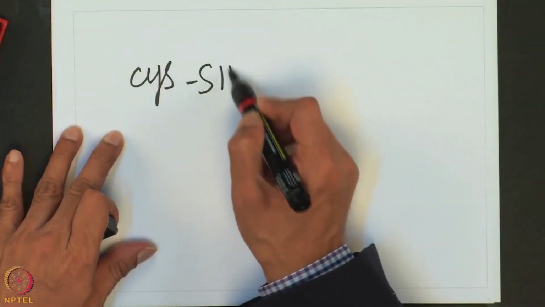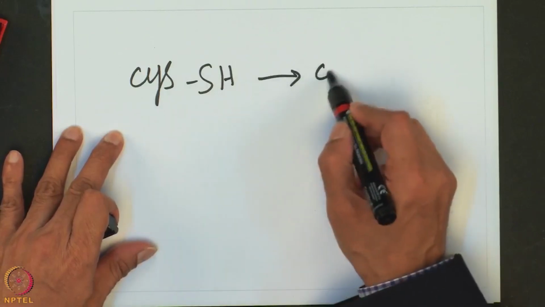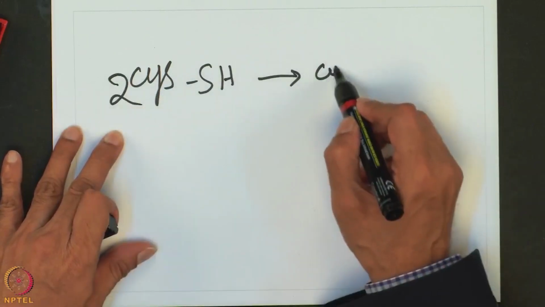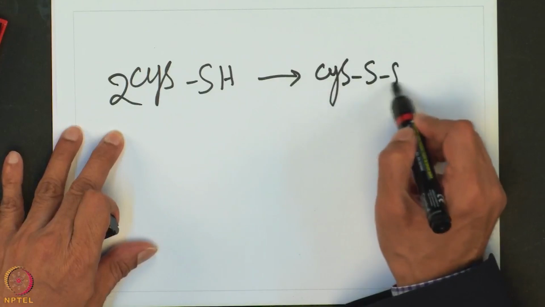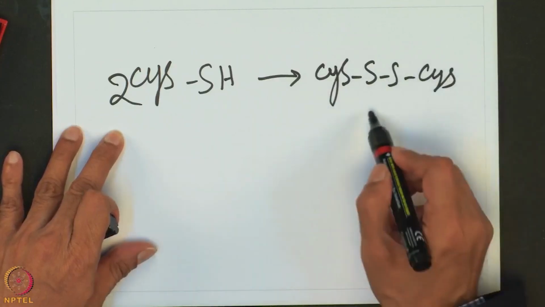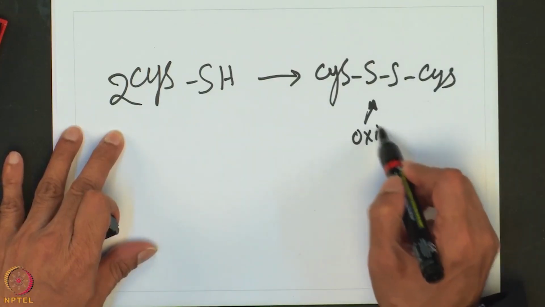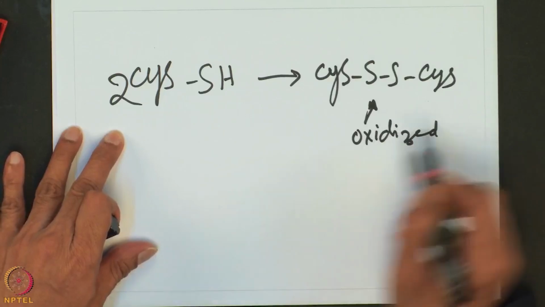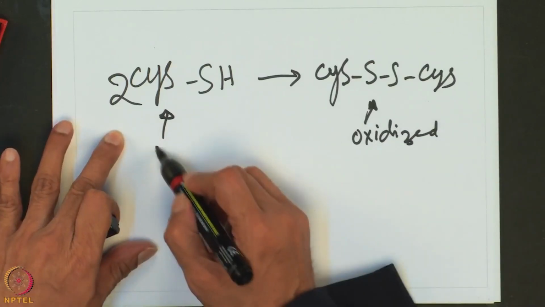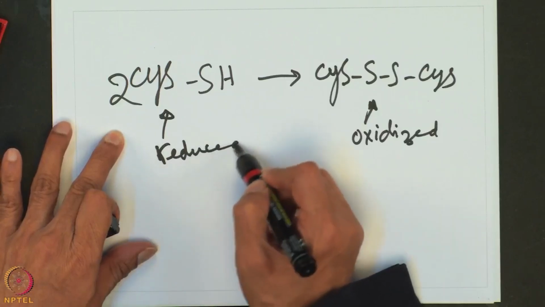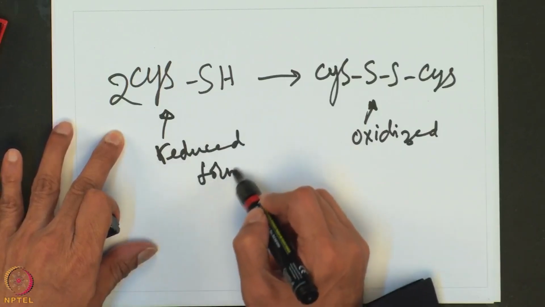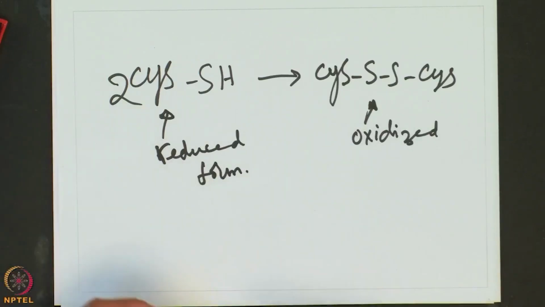Two cysteine SH can give cysteine SS. This is the oxidized form and the other is the reduced form. In this manner the enzyme can undergo redox.